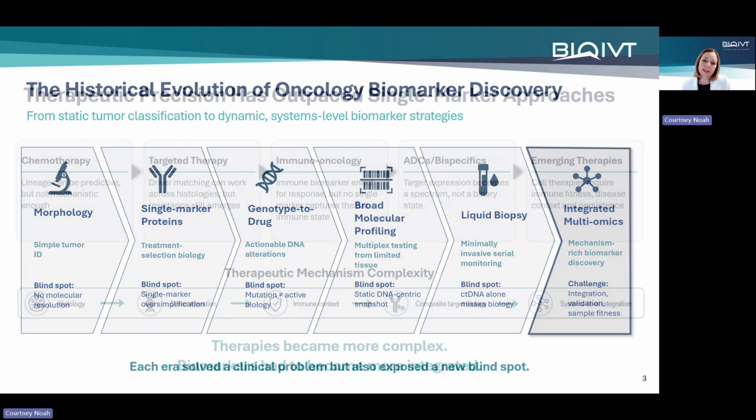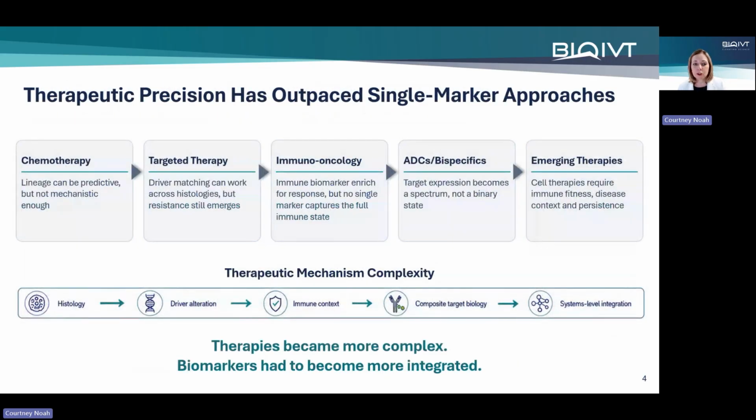And of course, the driver for this need can certainly be pointed to in the therapies themselves. As therapies have become more sophisticated, the biological and biomarker requirements have evolved accordingly.